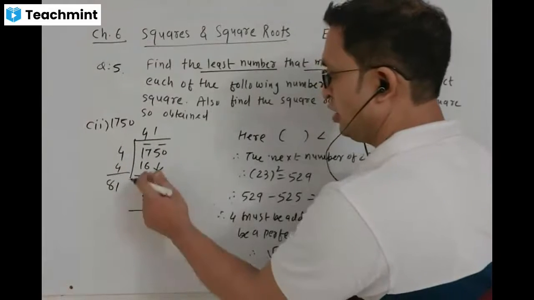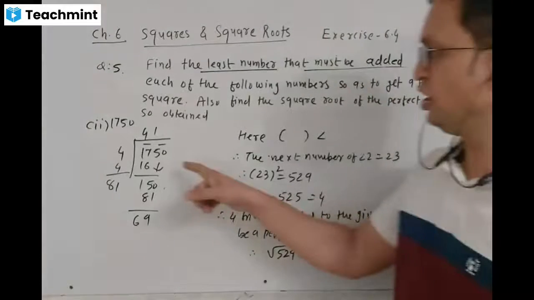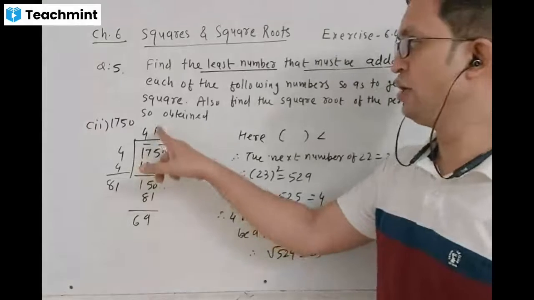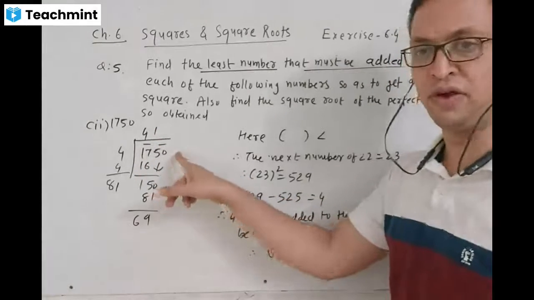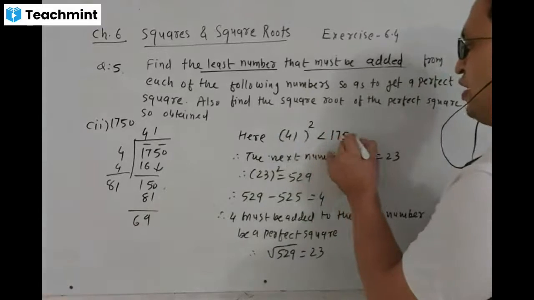The remainder is 9. 14 minus 8 is 6. Therefore, here 41 squared is less than 1750.